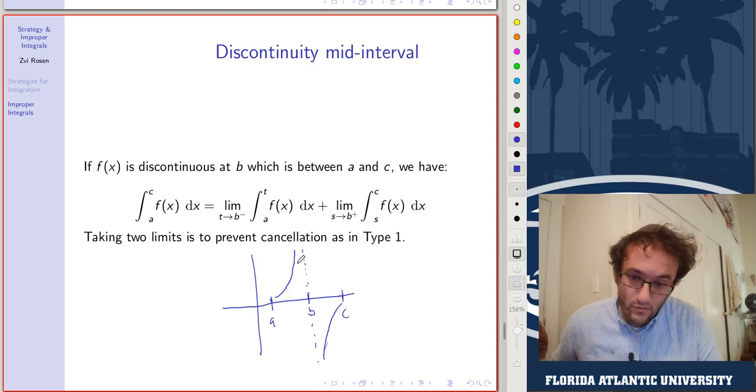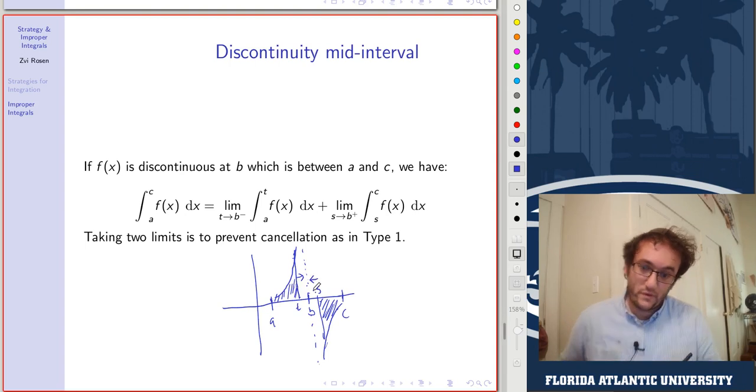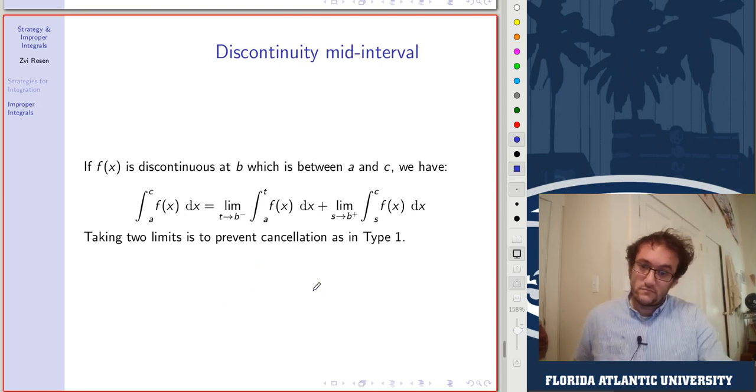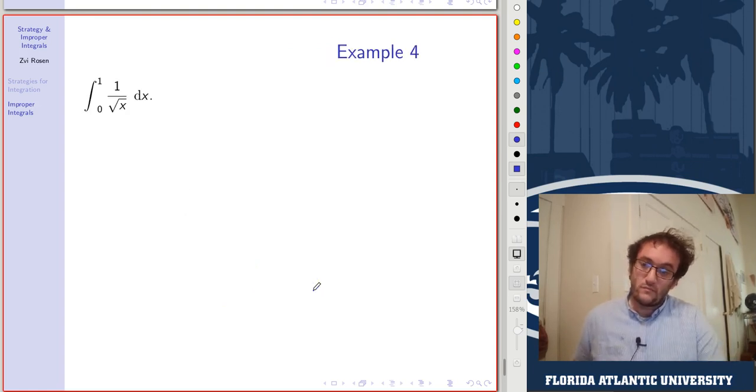Okay, so what we're doing is we're computing this integral, taking t and watching as t goes towards b from the left, and then we're taking this integral and watching what happens to it as s goes towards b from the right. Okay, and then we add those together.